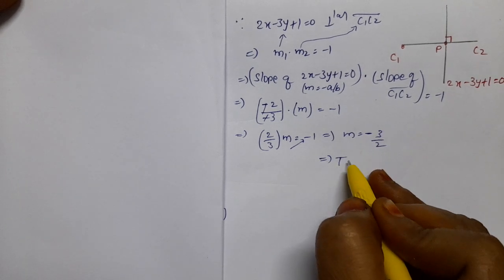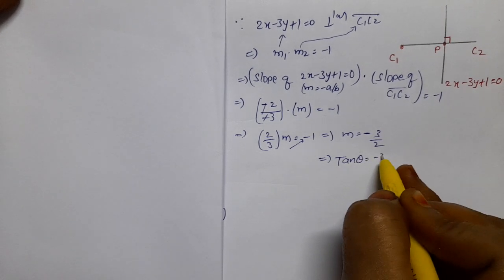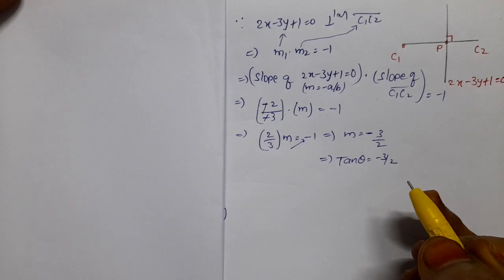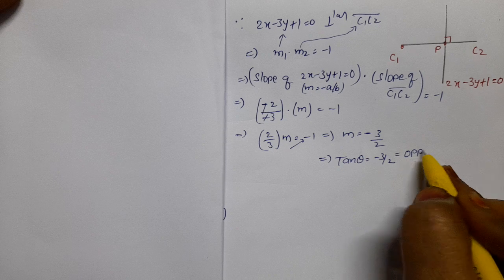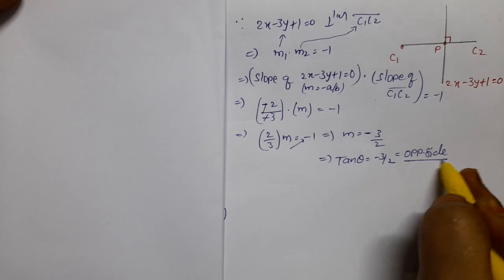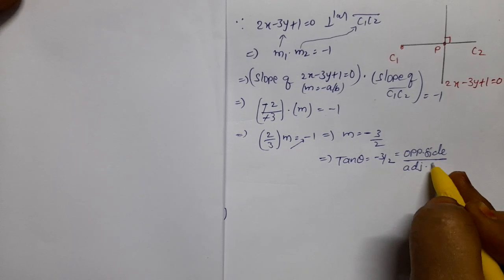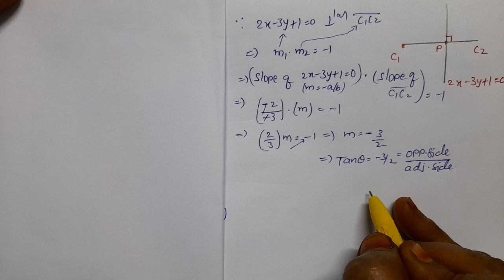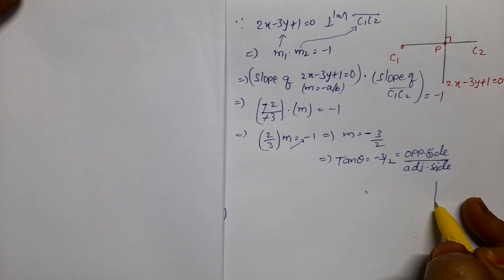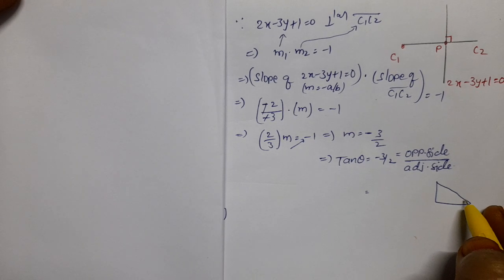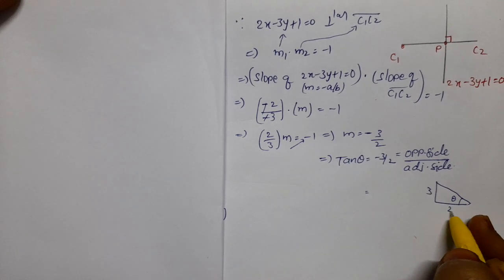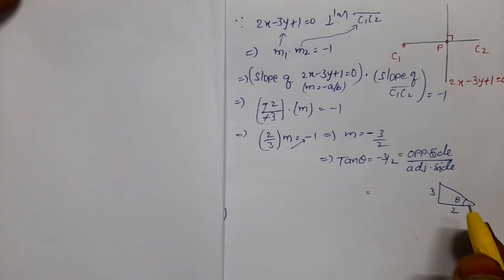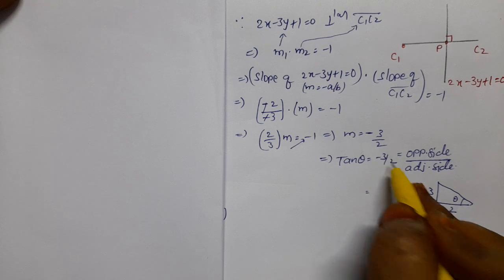m can be taken as tan theta equal to minus 3 by 2. Tan definition is opposite side by adjacent side. Opposite side 3, adjacent side 2. Only you have to take the numerical values.